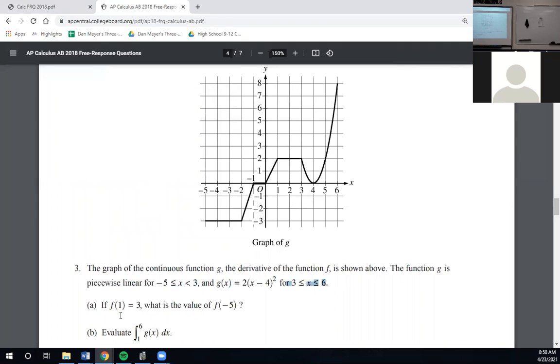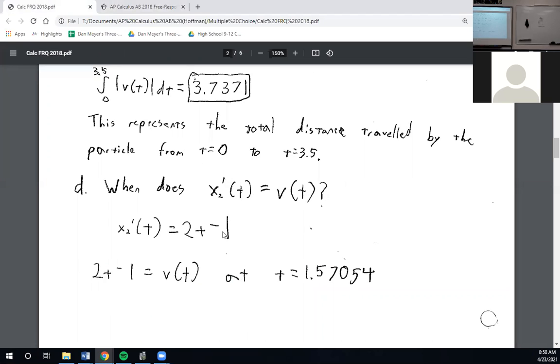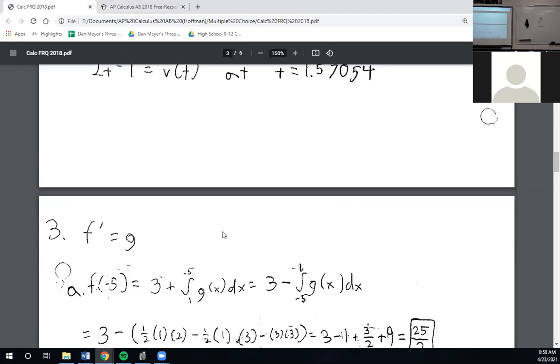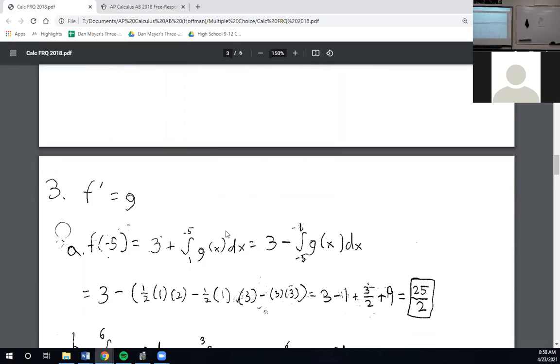So if f of 1 equals 3, what is the value of f of -5? So this f of 1 equaling 3 is giving you the starting amount. And then you want to know the value of f of -5.